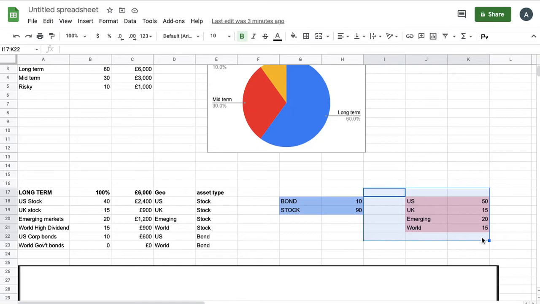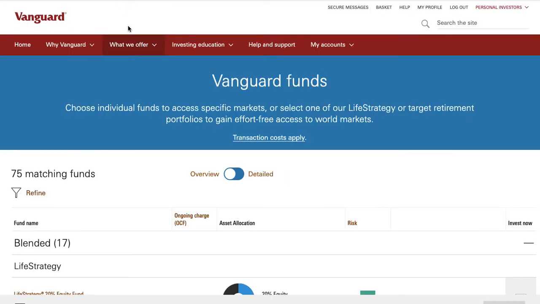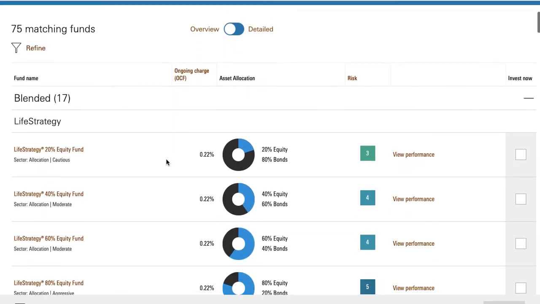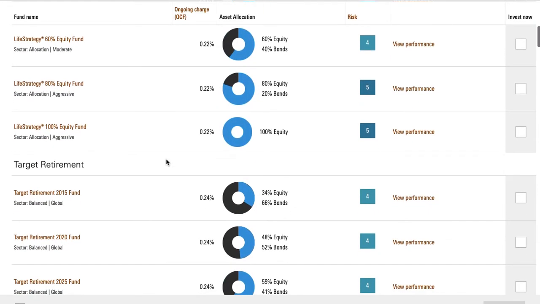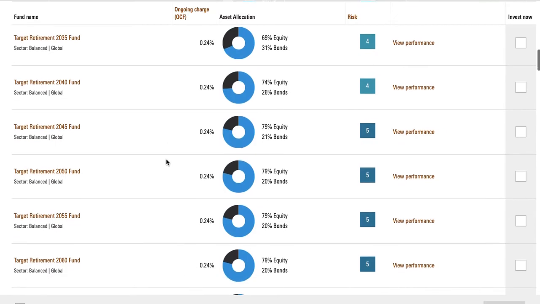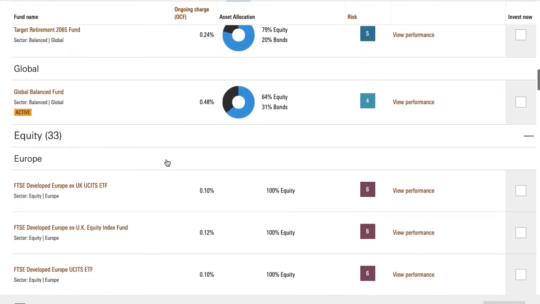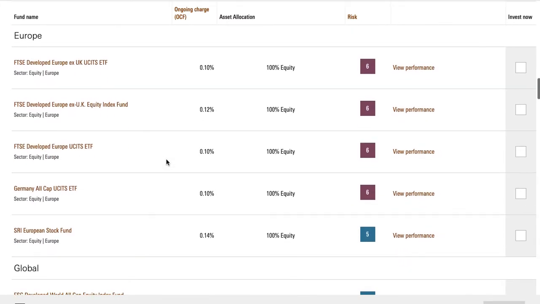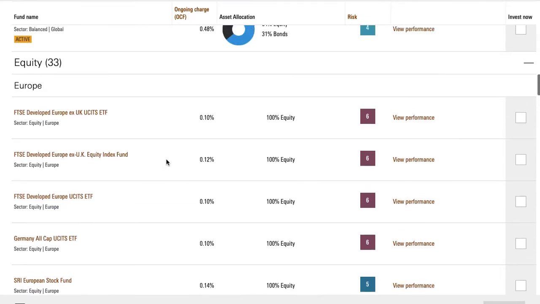So once you've sat down and thought about it, I'd suggest you go to Vanguard. Okay, now it loaded. And here you can just find the right tools for you. Once you scroll down, you can see equity.